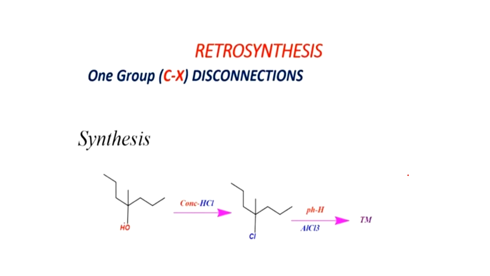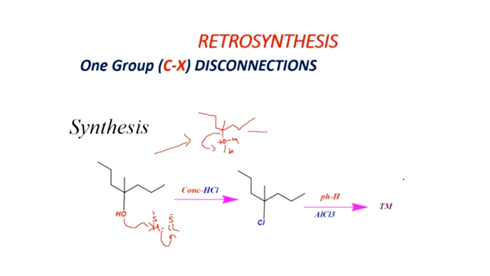Now see the actual mechanism. The lone pair of oxygen of the alcoholic OH can attack HCl. That lone pair abstracts the positive hydrogen atom, because of the polarization of H and Cl, delta positive and delta negative.